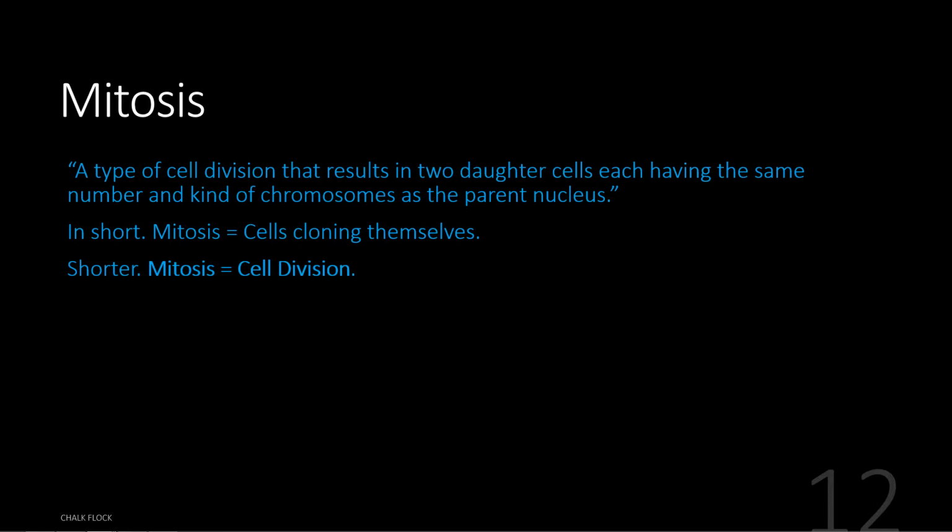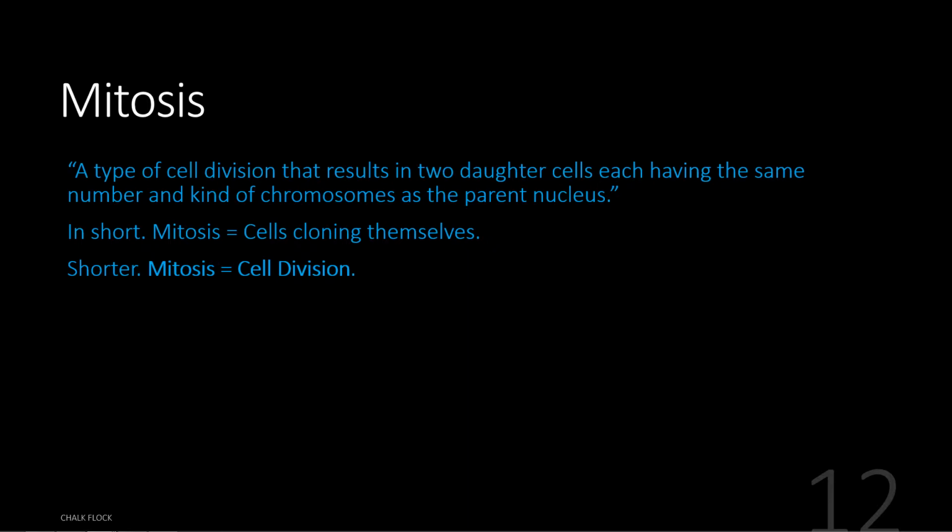In short, mitosis equals cells cloning themselves. In shorter, mitosis equals cell division, perfect cell division, reproductive cell division. Mitosis is a process in which one cell becomes two cells. And when it becomes two cells, both cells should be, in theory, identical.